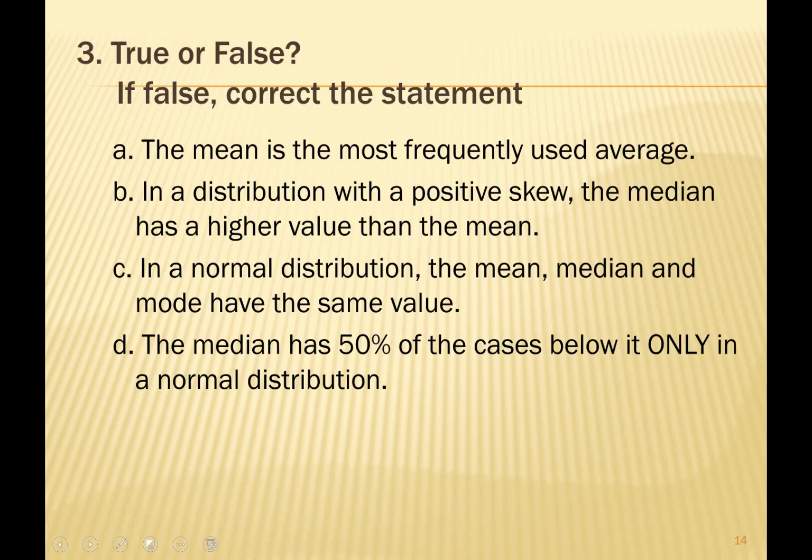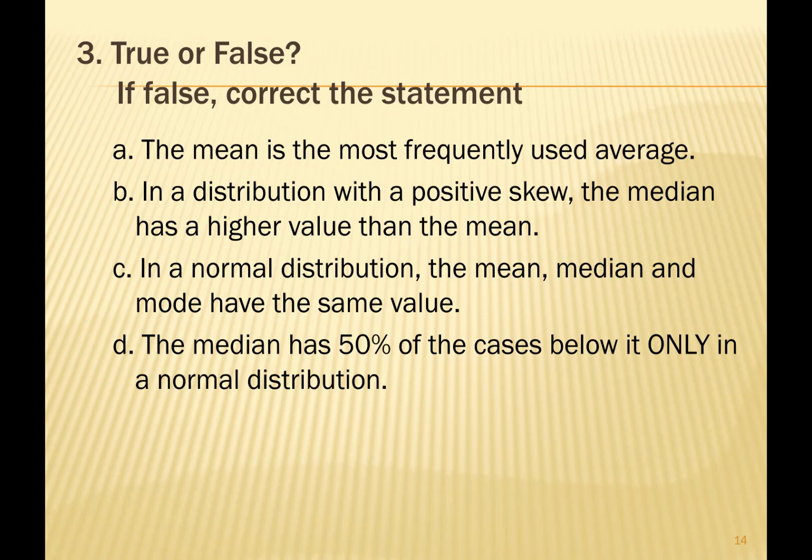In question 3, it's true or false. And if the statement is false, see if you can correct it. Statement A, the mean is the most frequently occurring average. Is that true or false? And if incorrect or false, make that correction. The second statement says, in a distribution with a positive skew, the median has a higher value than the mean.